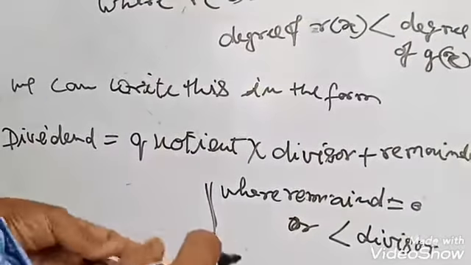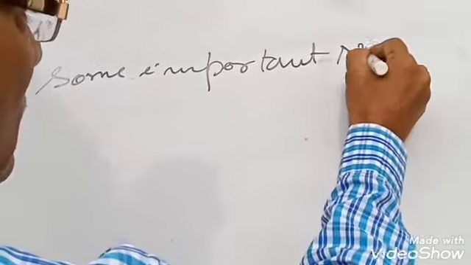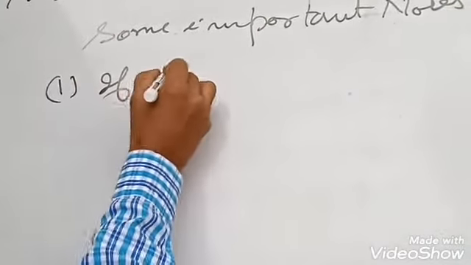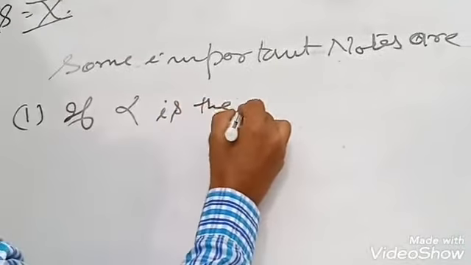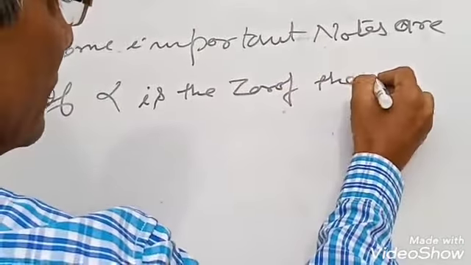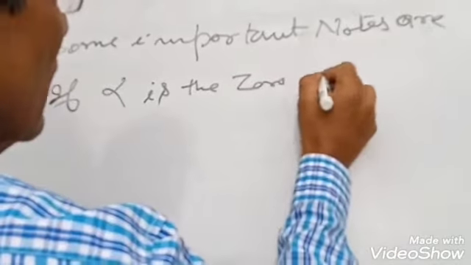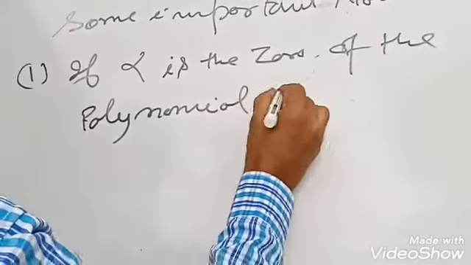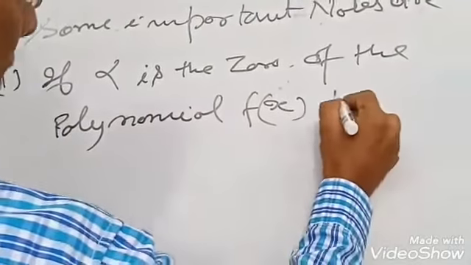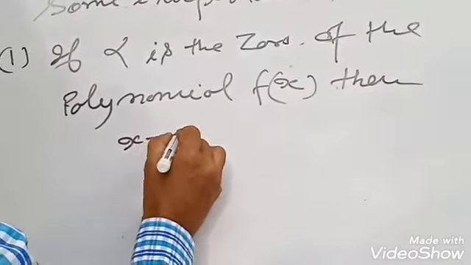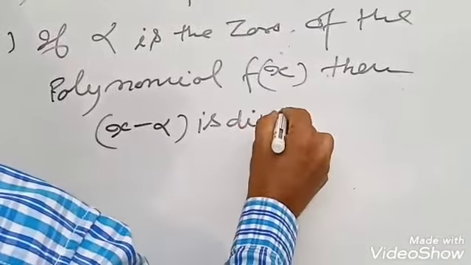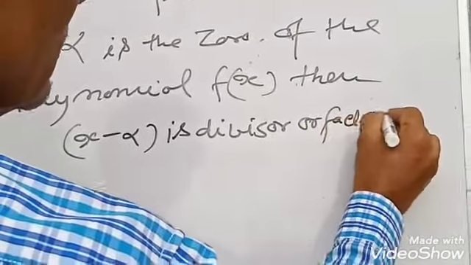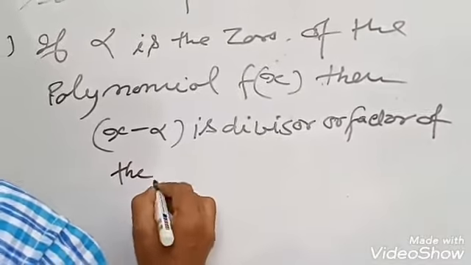And one important thing, the notes are: first, if alpha is a zero of the polynomial f(x), then x minus alpha is a divisor or factor of the f(x).